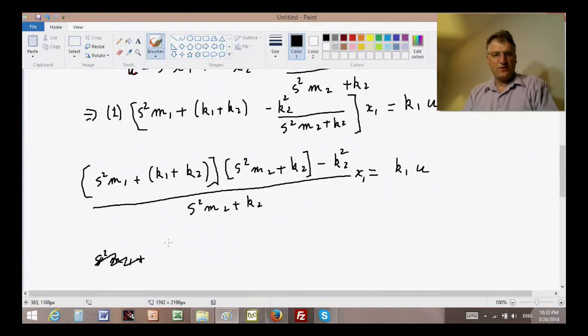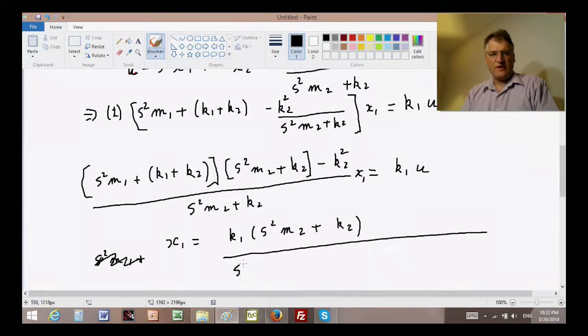Okay, so finally we obtain that x1 is equal to k1 times (s squared m2 plus k2) divided by [(s squared m1 plus k1 plus k2) times (s squared m2 plus k2) minus k2 squared] times u.